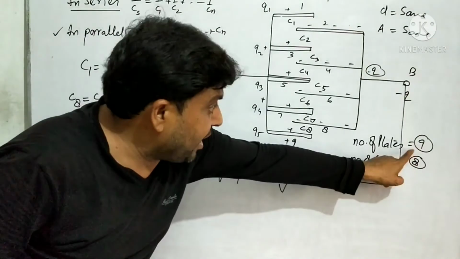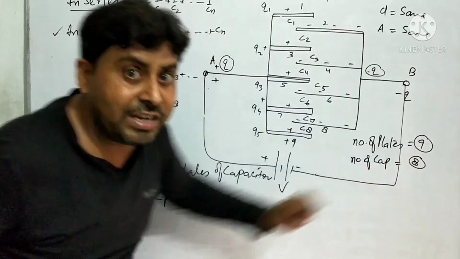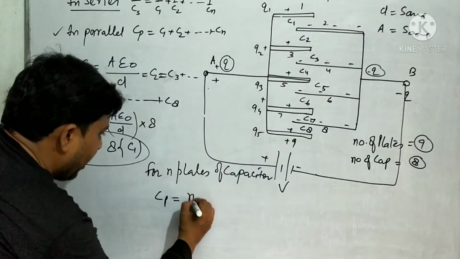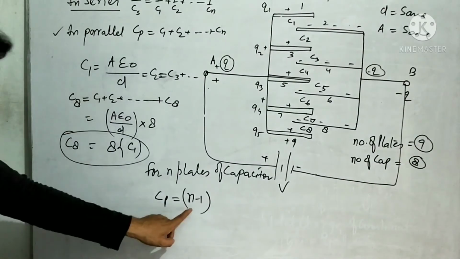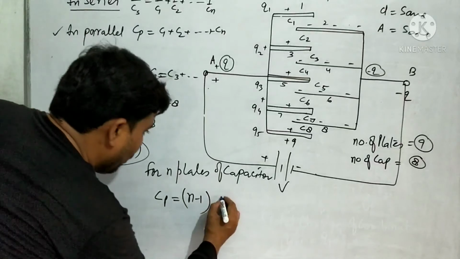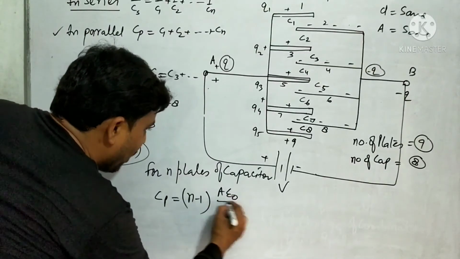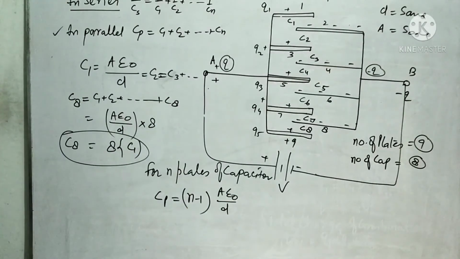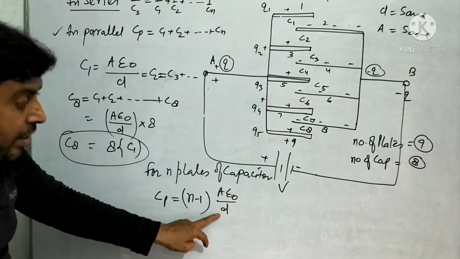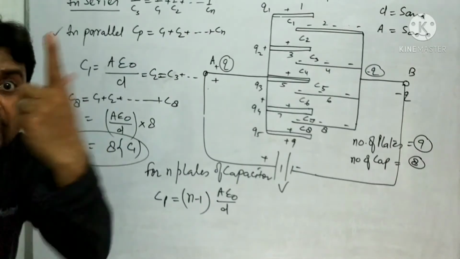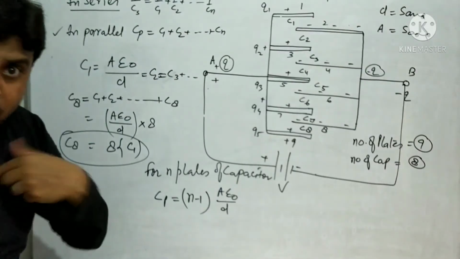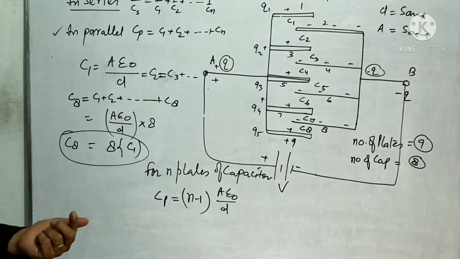N minus 1 times A epsilon naught over D, where A epsilon naught over D is the capacitance of a single capacitor, and we multiply it by n minus 1.